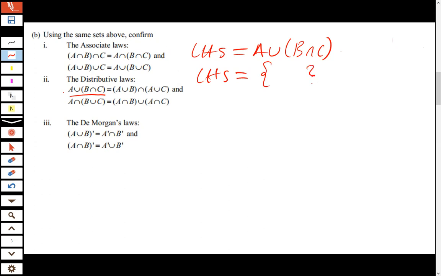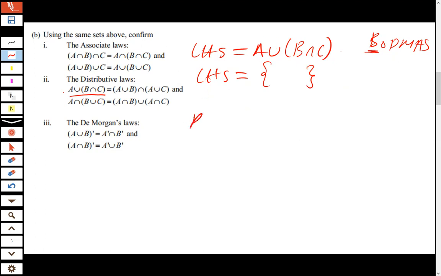Of course, you should always start with what is in the brackets. You follow BODMAS: brackets, order, division, multiplication, addition, and subtraction. So you start with what is in the brackets first. You deal with them. Then you combine it with what is outside.